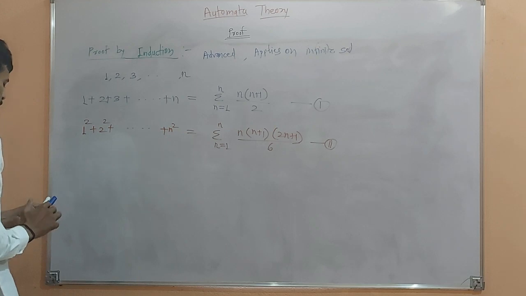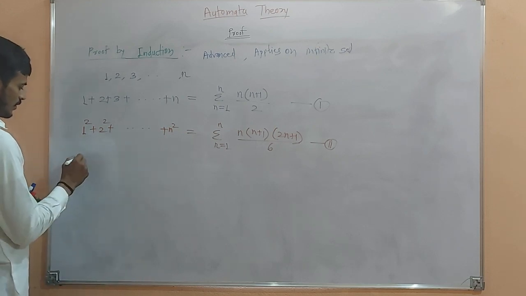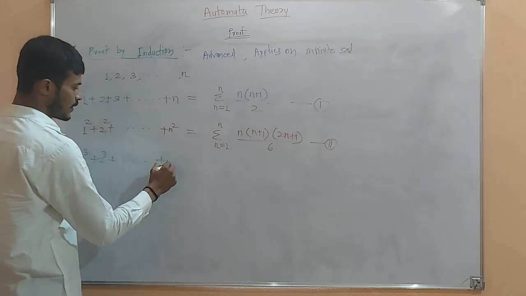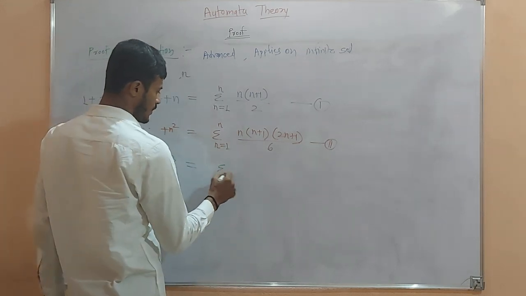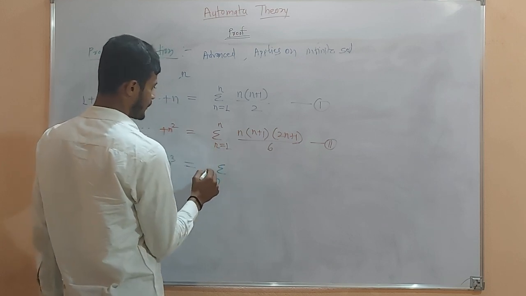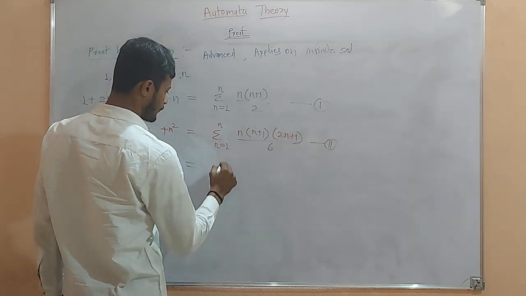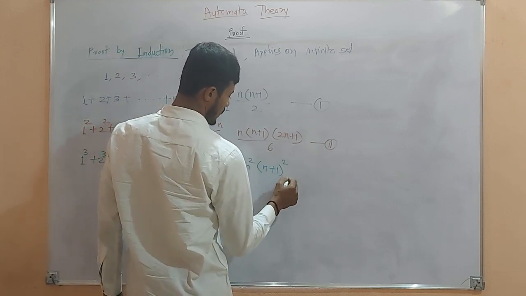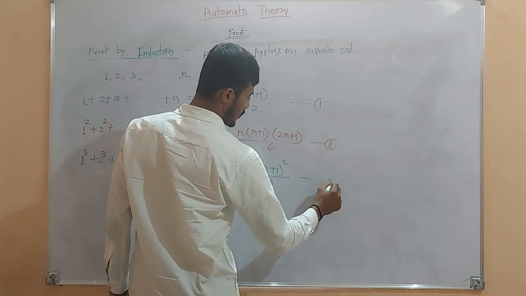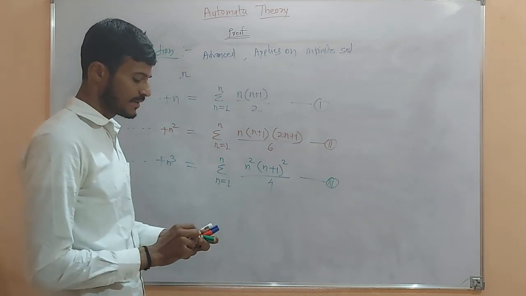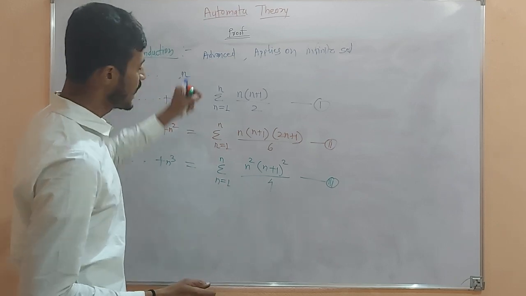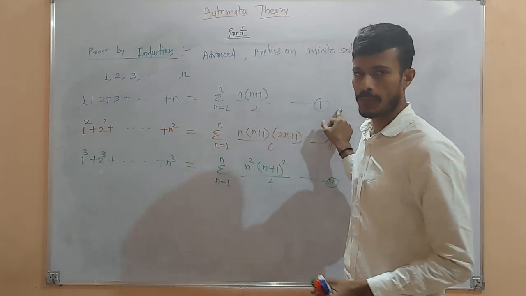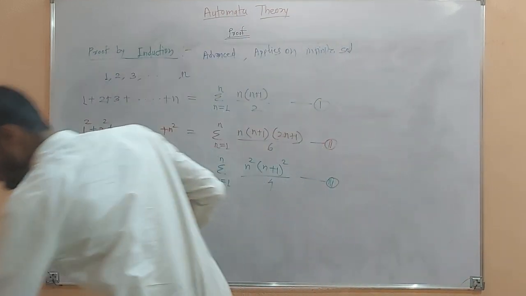And the last one, 1 cube plus 2 cube plus up to n cube, which is n squared (n+1) squared divided by 4. So these are the formulas which come under the proof by induction method. Out of that, we are going to discuss the first formula. Okay, so let us see that.